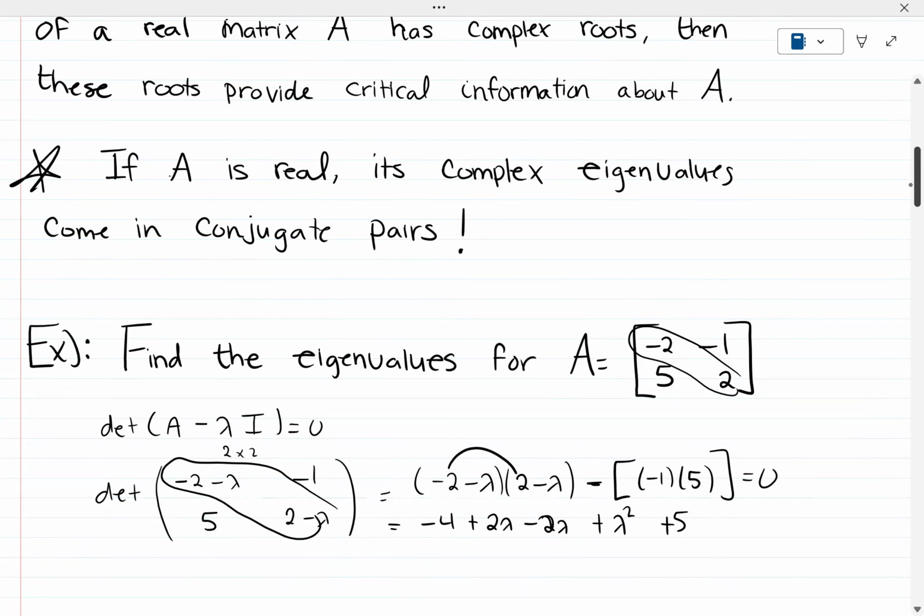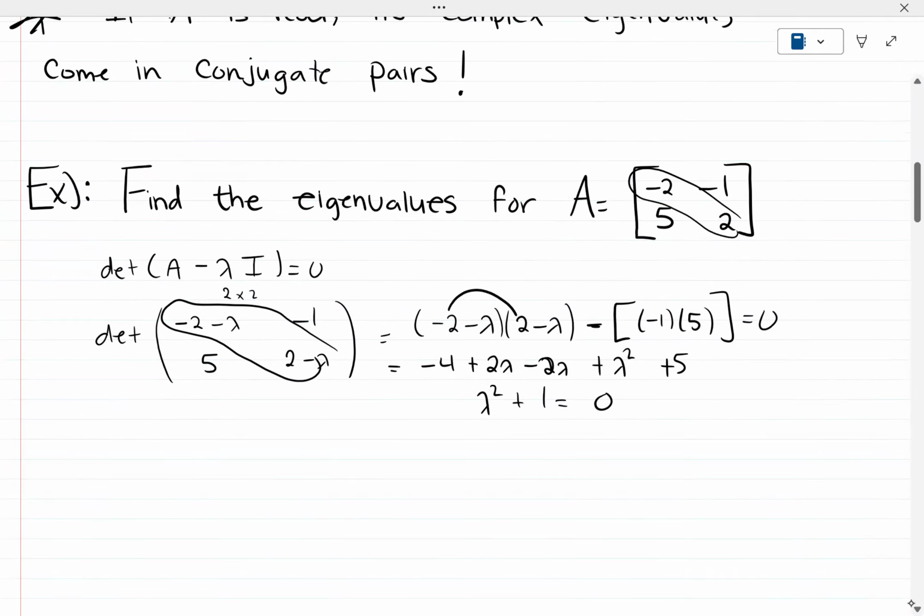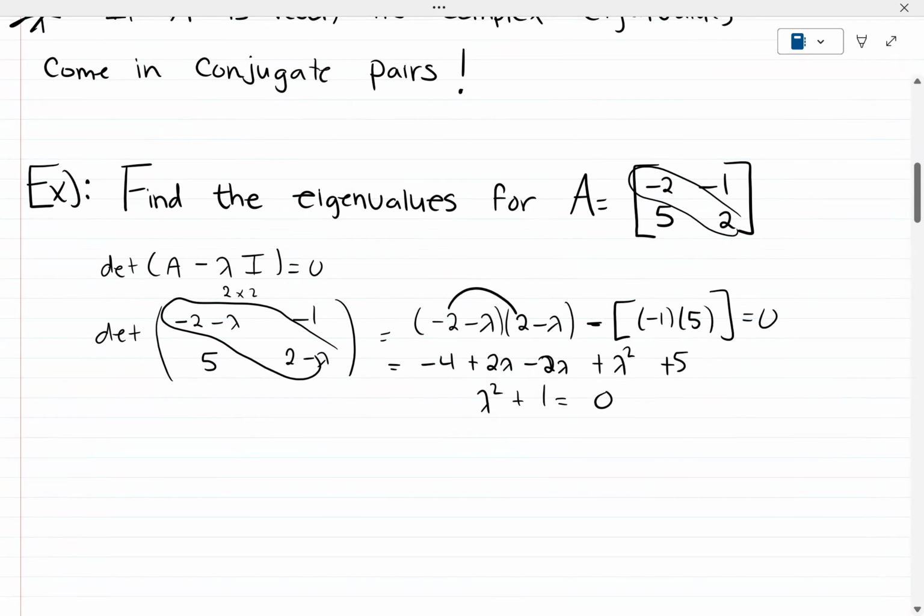And when you simplify this, it gives you lambda squared plus 1 equals 0. Then go ahead and solve for lambda. You subtract 1, and you get lambda squared equals negative 1.